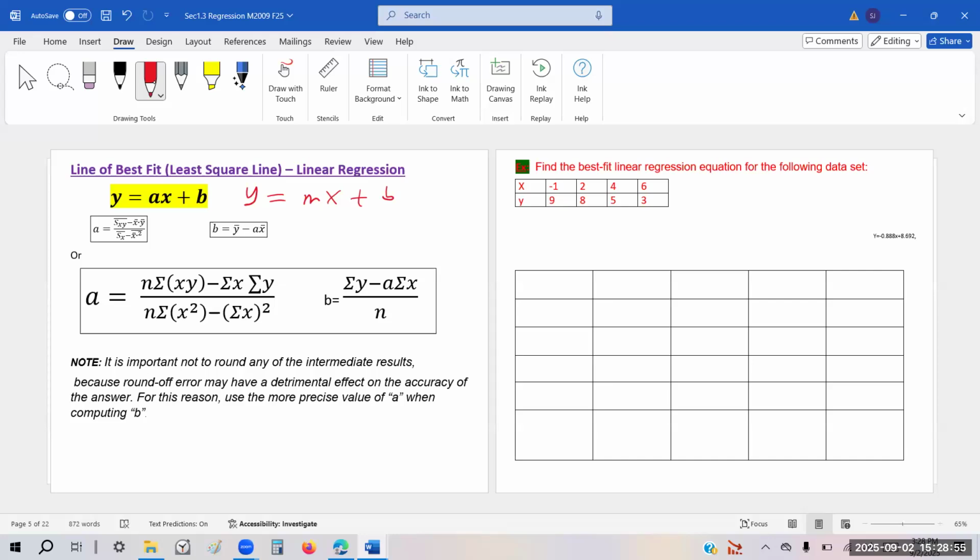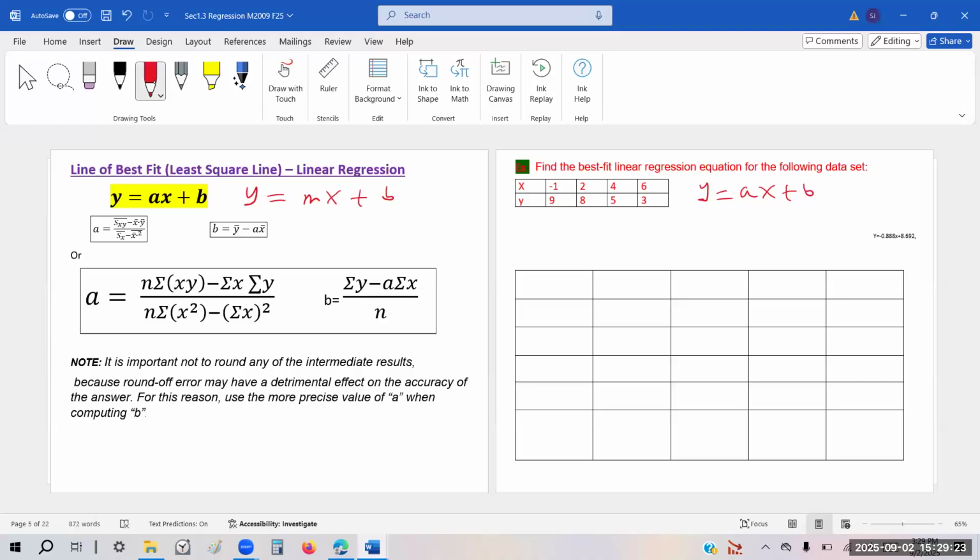Okay. One example, it says find the best fit linear regression equation for this following data set. In this data set, we have x -1, y 9; x 2, y 8; x 4, y 5; x 6, y 3. So we know the equation is y equals ax plus b.